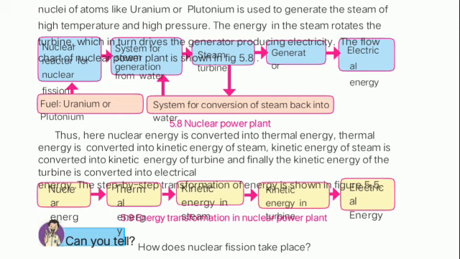The fuel transferred to the nuclear chamber is uranium or plutonium. And the steam, after rotating the turbine, will come back to the condenser, and then it will be returned to the boiler for again converting into steam.